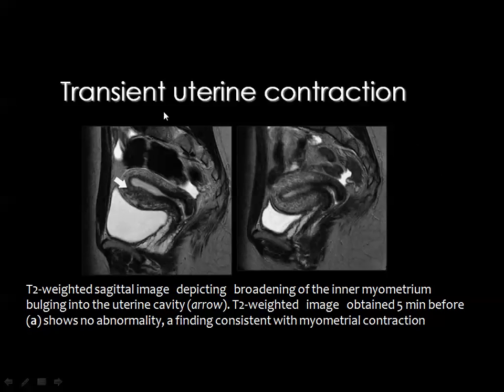And this is known as transient uterine contractions, which may disturb the signal intensity of the myometrium, leading to a false impression that you are dealing with, for example, a focal adenomyosis. But this is just a simple contraction, and in the next image or in the other series, you will see the normal junction, the normal zonal anatomy.